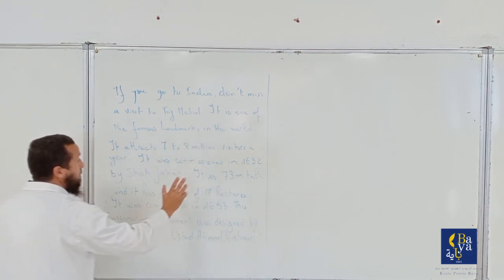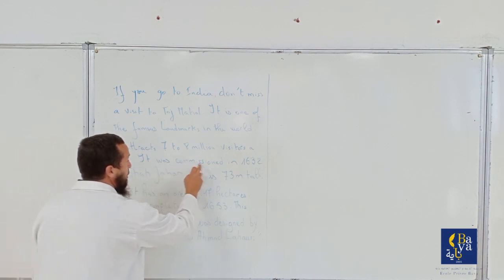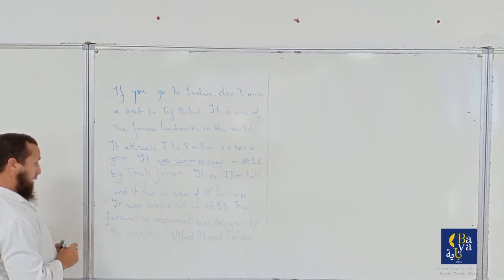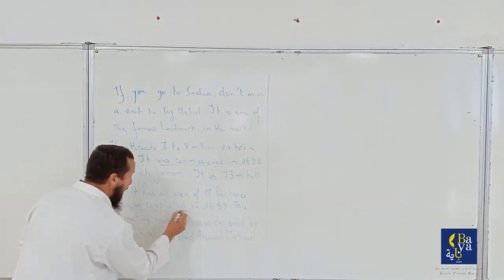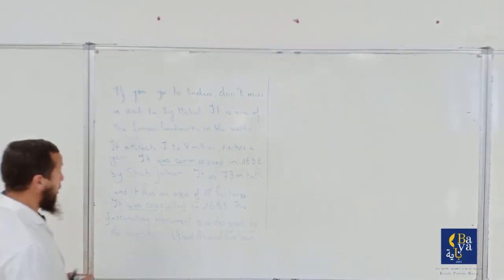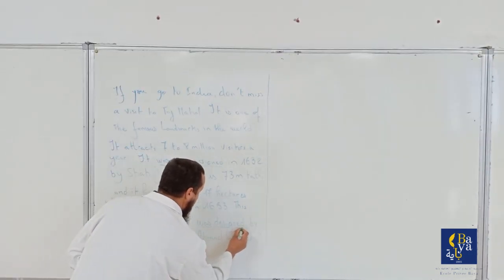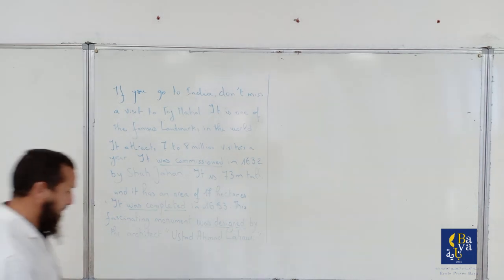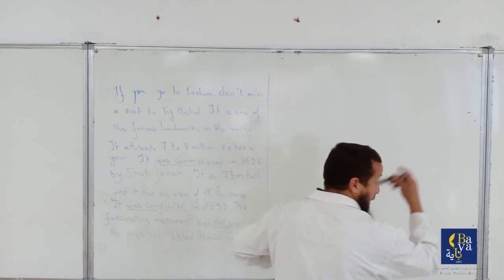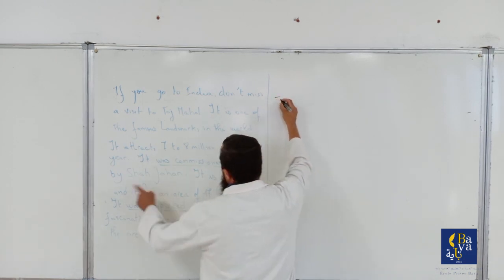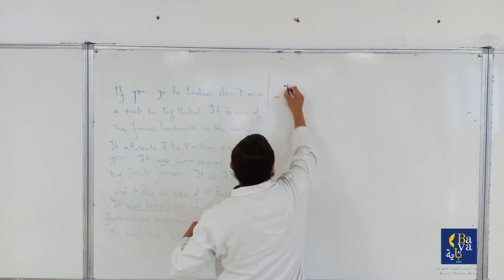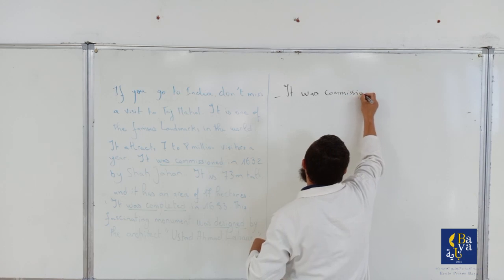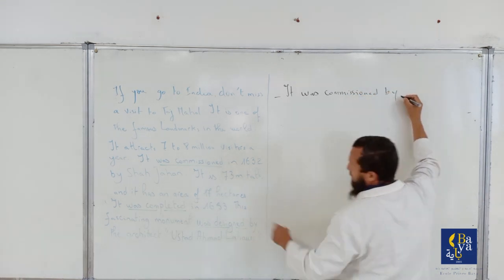We go here. It was commissioned. One minute. It was completed. It was designed. Okay? I will write examples. One: it was commissioned by who?